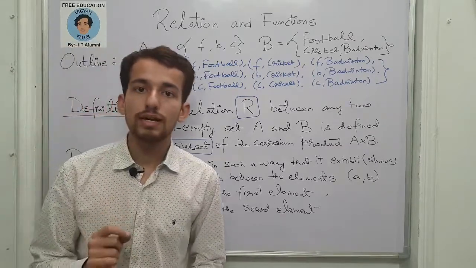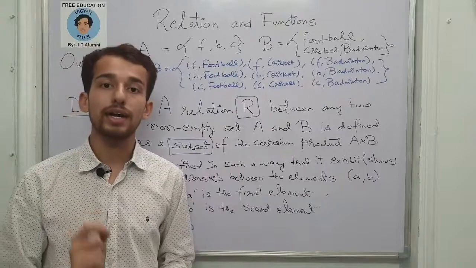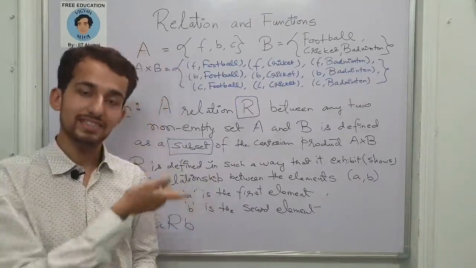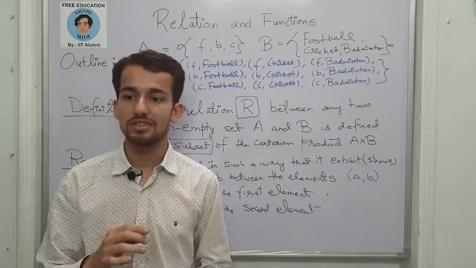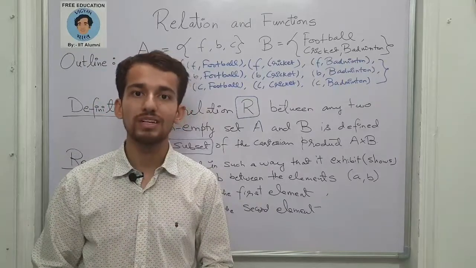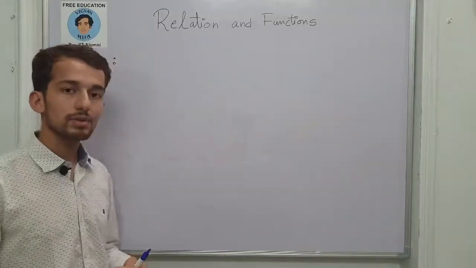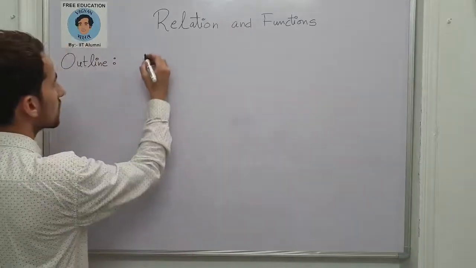One more concept we'll try to address: arrow diagram. What is that arrow diagram? I am taking that same example which we have just taken in the very starting to build the motivation required for relation. Now let's try to understand what is an arrow diagram.